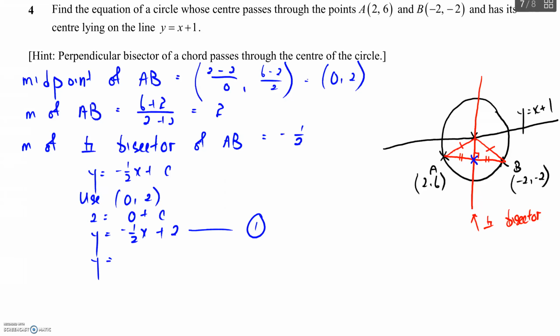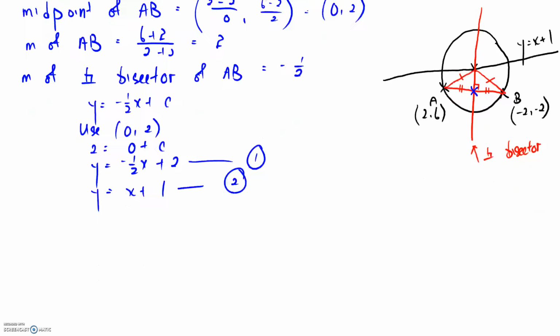And we were told in the question that the center of the circle also lies on y is equal to x plus 1. Since the center also lies on the perpendicular bisector, we are going to solve for simultaneous equation right now because the center is the intersection of the two lines that I've just labeled.